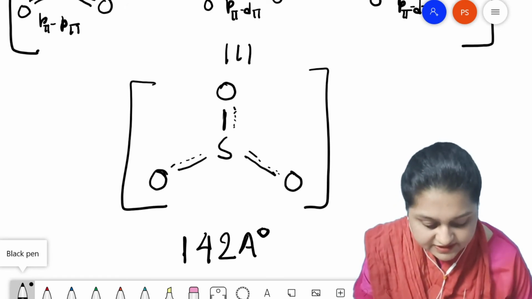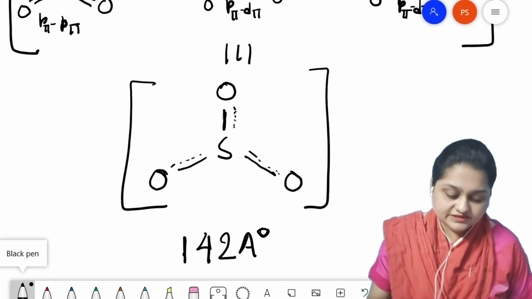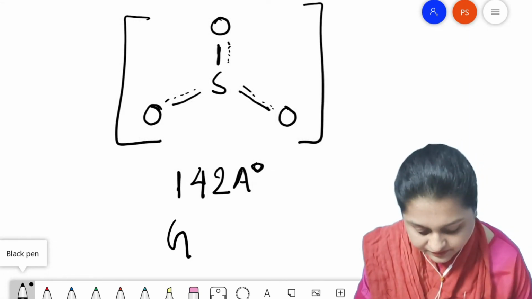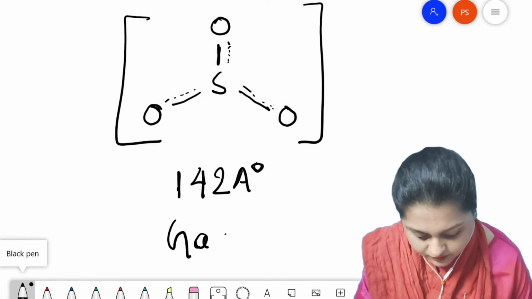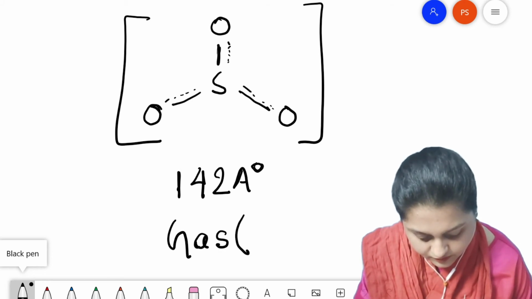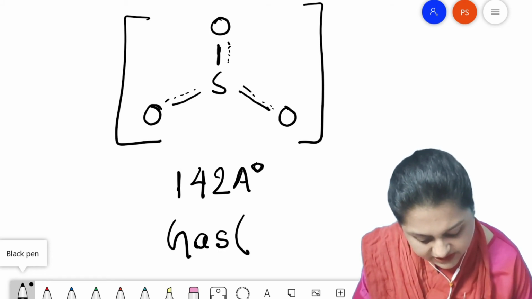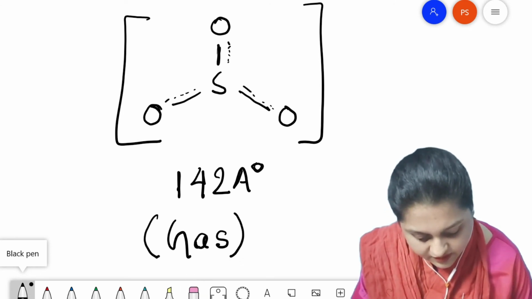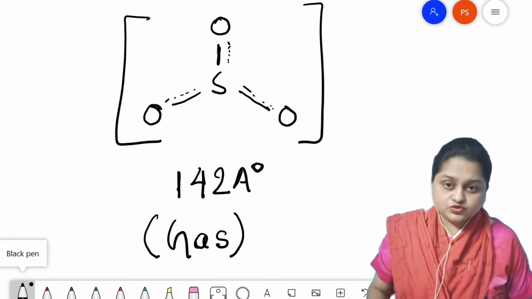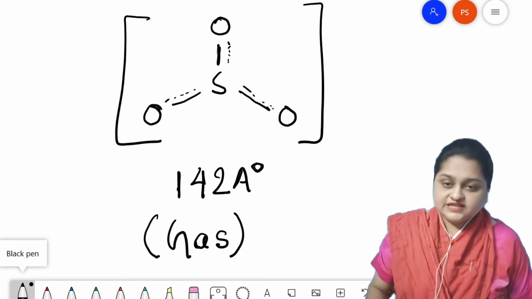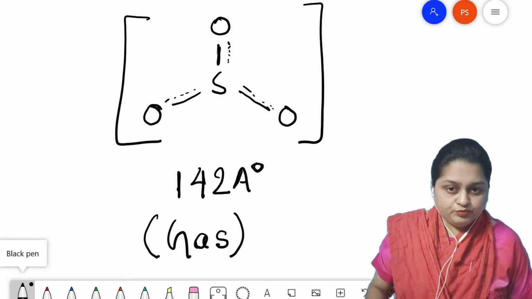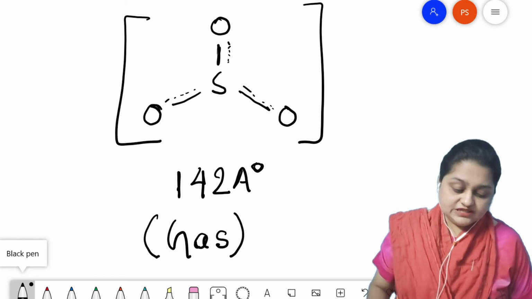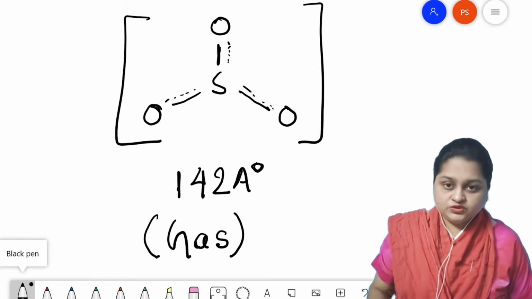Now this structure of SO3 is in the gaseous state. In the solid state, SO3 molecule stays in trimeric or polymeric form. So this is the structure of SO3 molecule.